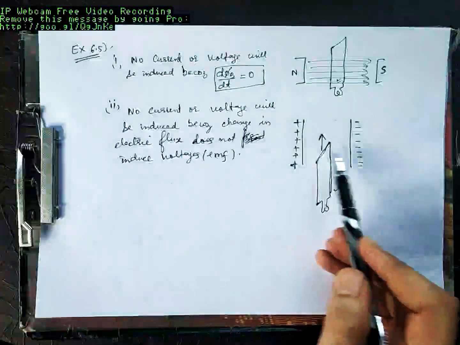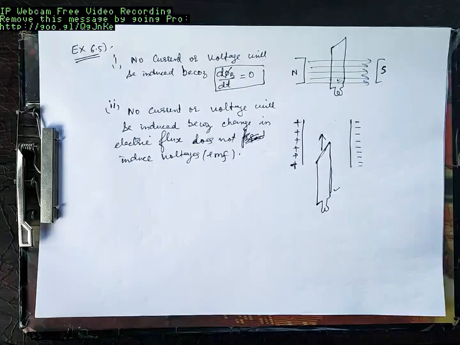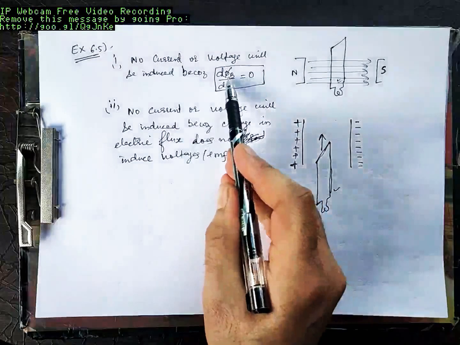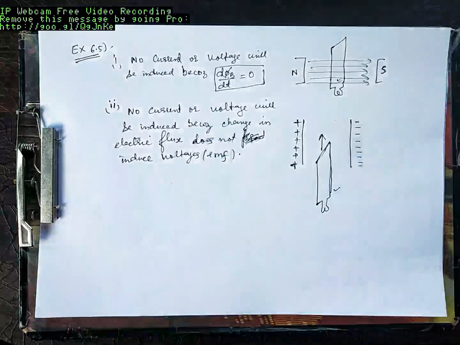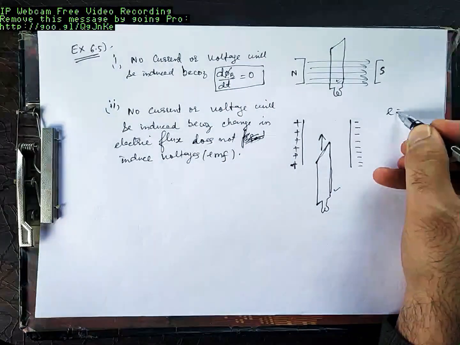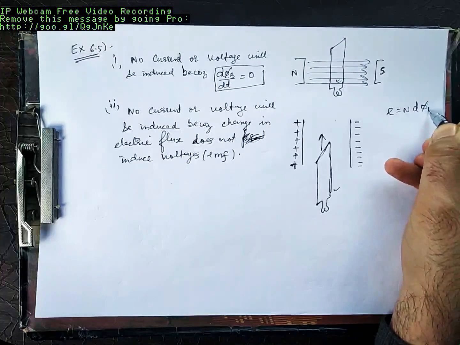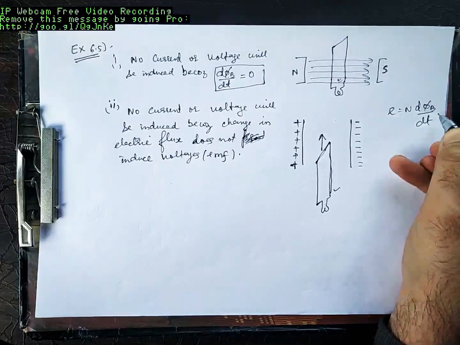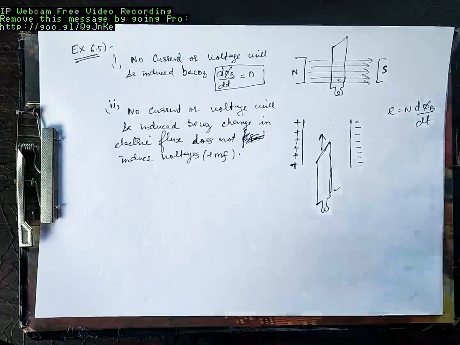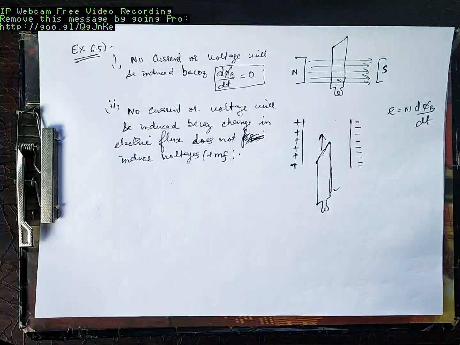Here is a change in electric flux. Electric flux does not produce voltage or currents. Change in magnetic flux does produce voltage and current. E is equal to N d phi B divided by dt, not d phi E by dt. It's d phi B by dt. So keep this thing in mind. This was the second case.